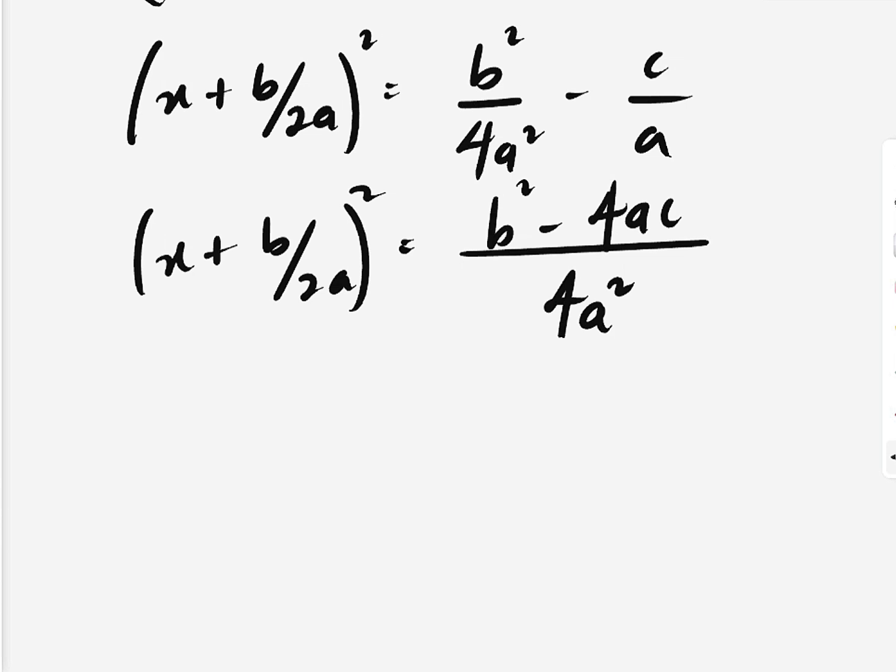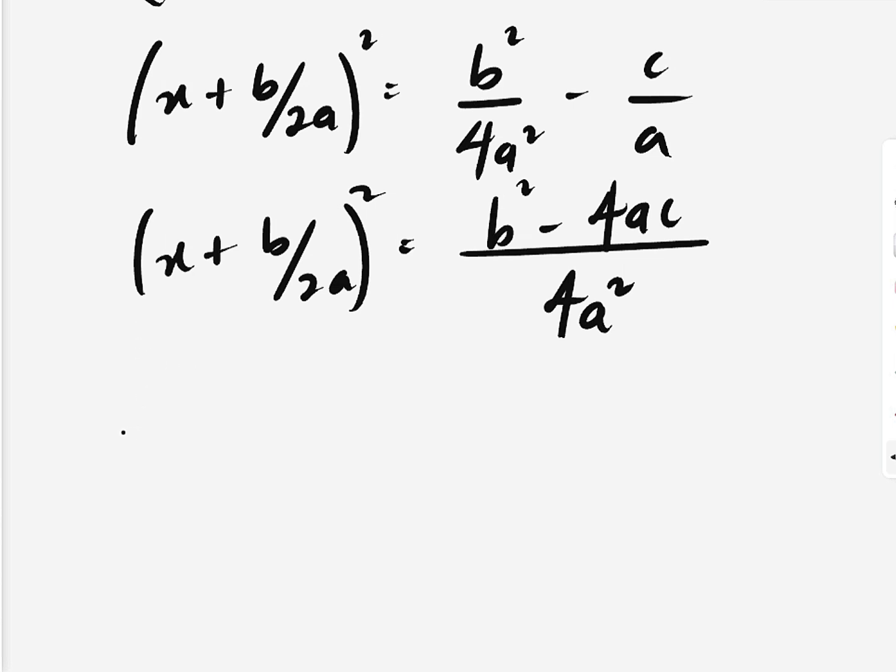Now, remember, we're looking for x. We want to make x the subject of the formula. So x needs to be uncovered. X needs to stand alone at the left hand side. So now we are going to remove the square first by square rooting both sides.